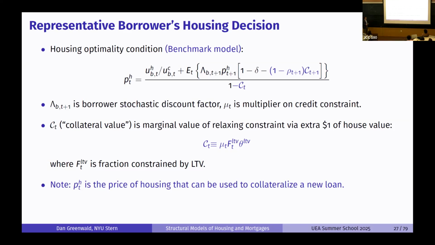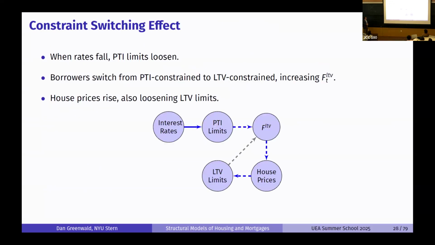There's something else you need to think about when there's long-term debt. I'm going to skip that. So now here's the effect that is happening in the paper, which I call the constraint switching effect. When interest rates fall, payments income limits loosen. As a result, when these limits loosen, a bunch of borrowers are going to switch from being payments income constrained to being LTV constrained.